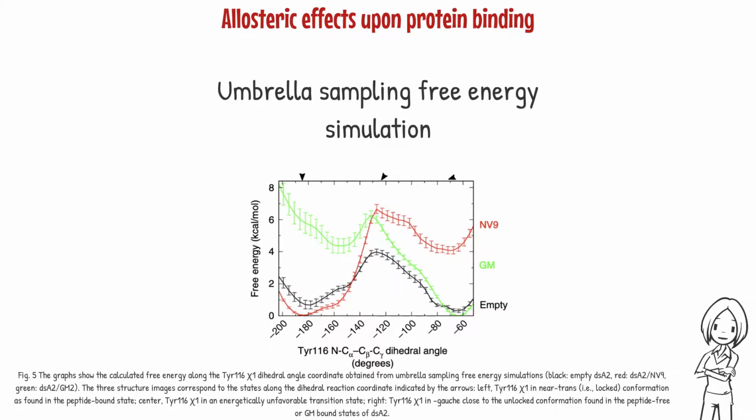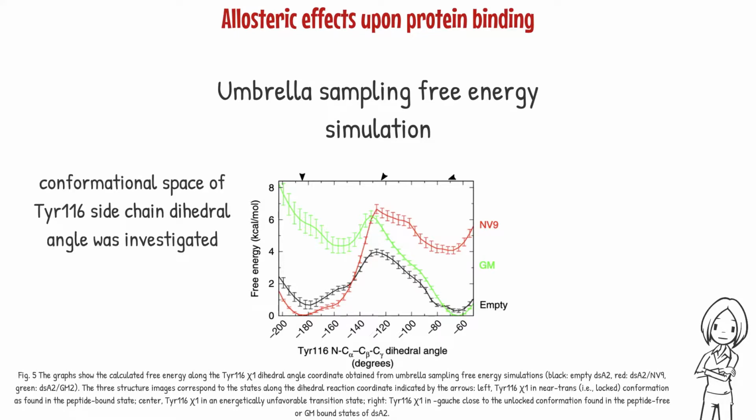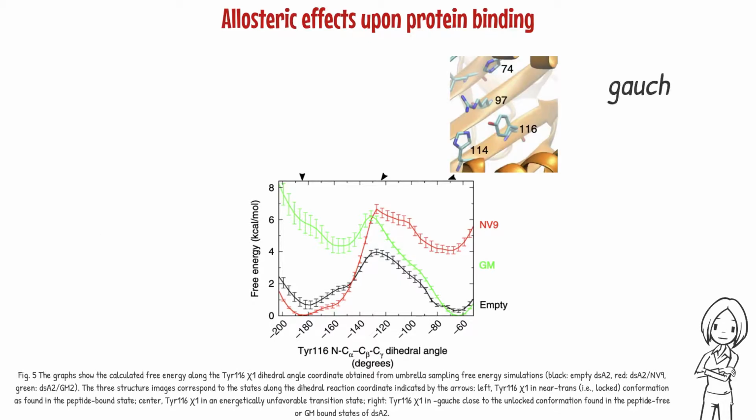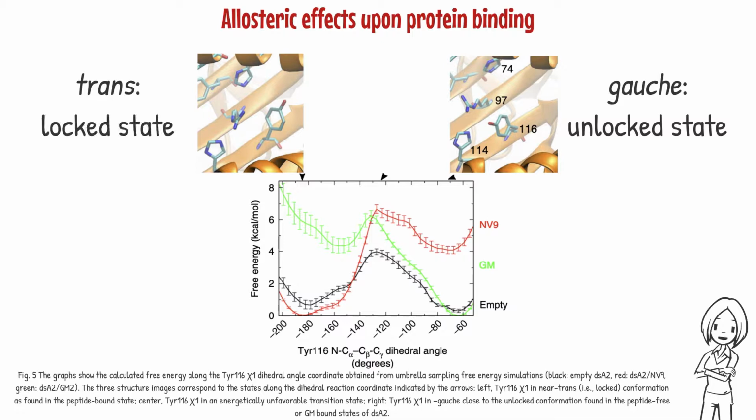The umbrella sampling free energy simulations on the crystals gave insight into the free energy barriers between the locked and the unlocked state. The conformational space of the tyrosine 116 side chain dihedral angle was investigated. The gauche conformation corresponds to the F pocket's unlocked state and the trans to the locked state.